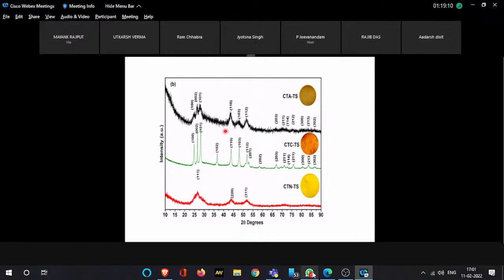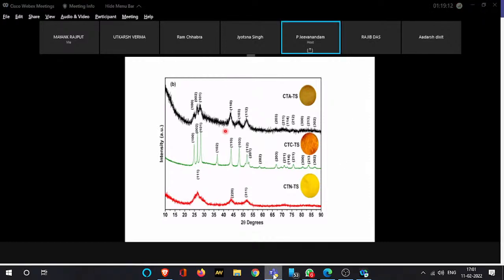No problem. Miller indices, probably in the next class, I will show you what is meant by Miller indices. I can briefly tell you. Each plane in a unit cell, suppose I say cubic unit cell, and the cubic unit cell will have many faces. I can represent each face with some number.